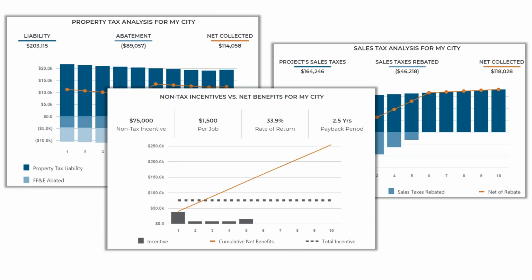Or if you're considering another type of incentive, maybe an infrastructure grant or just a good old job creation incentive, if you're thinking of that as an investment, you want to compare that to the return that you're getting over time. So here, in this case, if we've got that $250,000 in net benefits, how does that incentive compare to those net benefits? And so in this case, we're seeing a payback period and a rate of return.